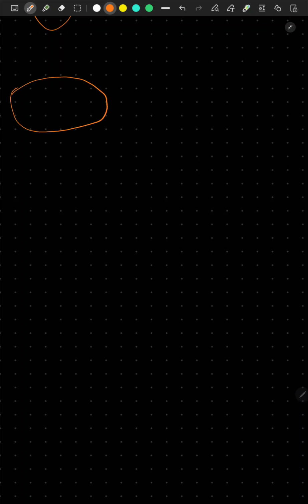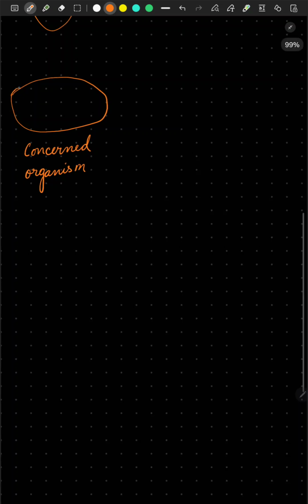Suppose this is a concerned organism. What is a concerned organism? Suppose this is an organism which does not have the ability to make a protein. So it cannot make a protein, that's why it has some kind of disease, and it needs a specific gene that would make the protein.